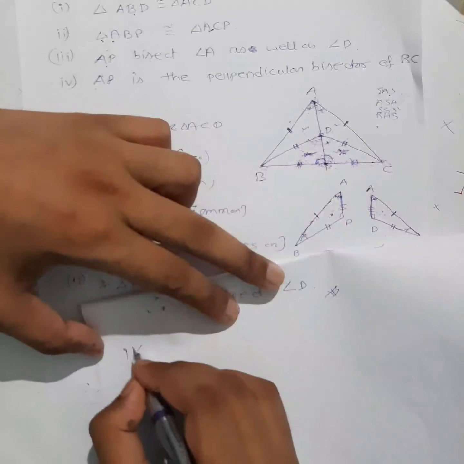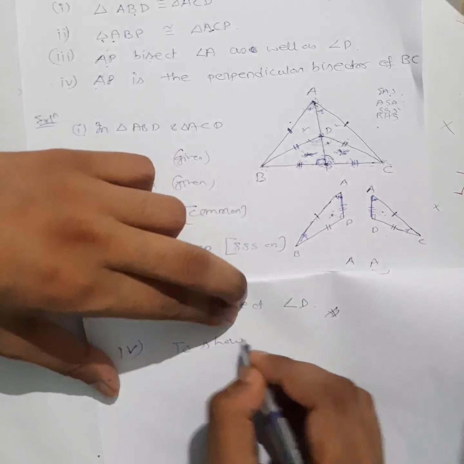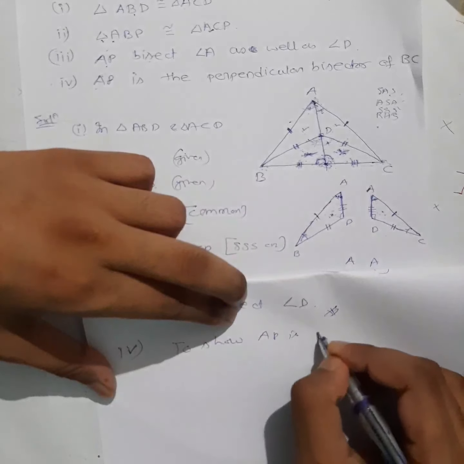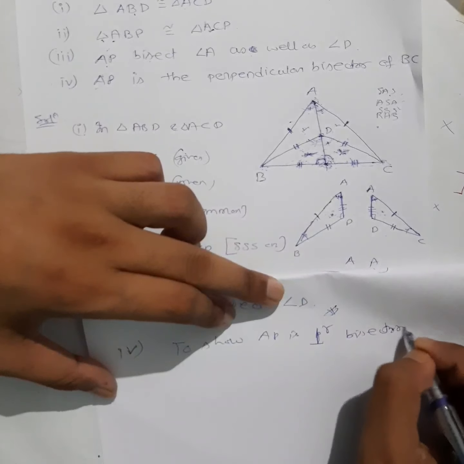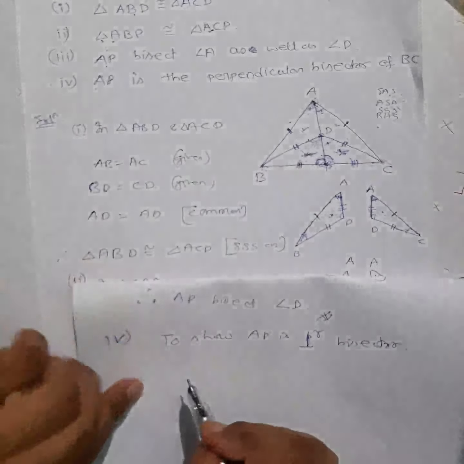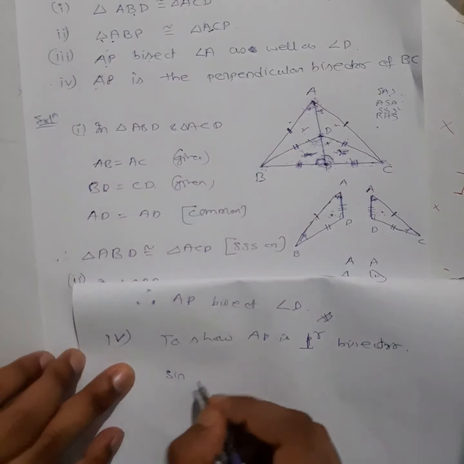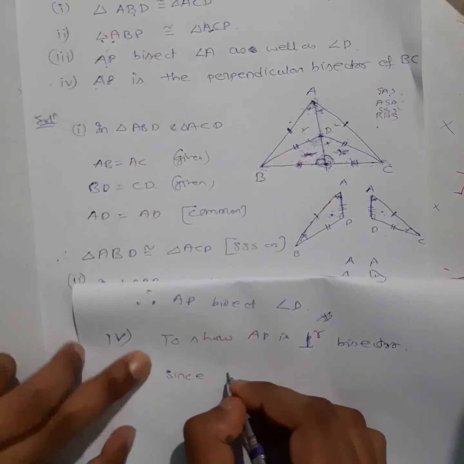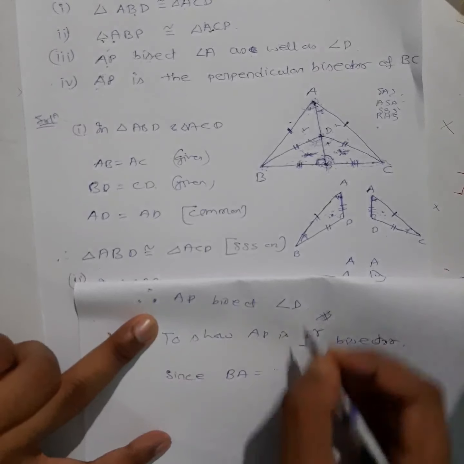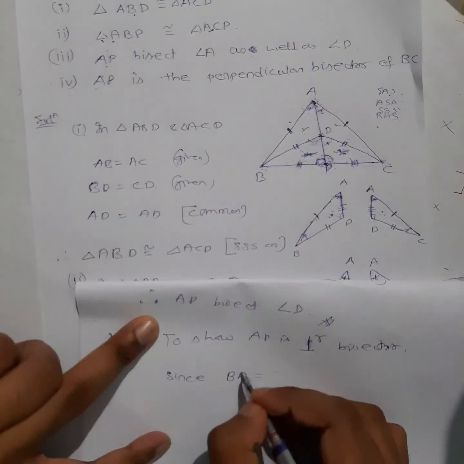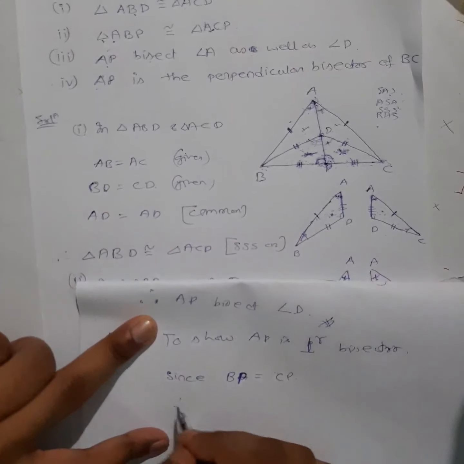So number 4, I have to show AP is perpendicular bisector. Okay, I have to show this one. So what I will do, since BP is equal to CP, therefore, why?